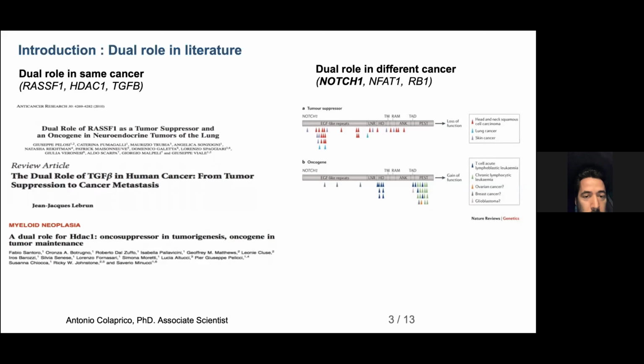The same gene could be an oncogene or tumor suppressor in the same cancer type, changing by stage and grade, like HDAC1, which was identified as an oncogene in tumorigenesis, but a tumor suppressor in tumorigenesis and an oncogene in tumor maintenance.